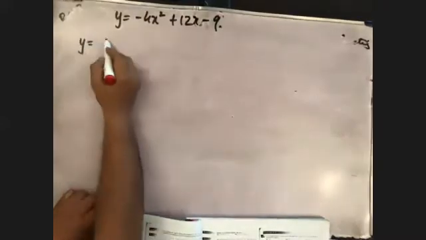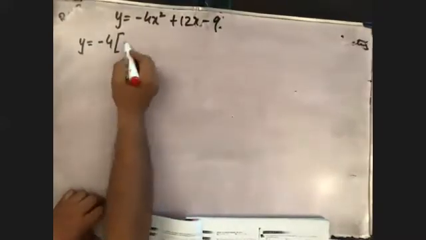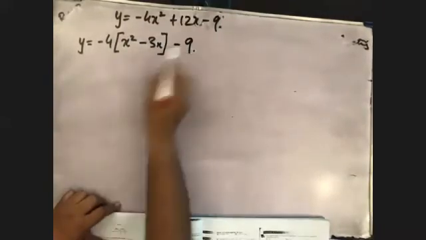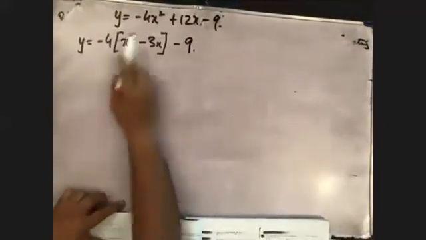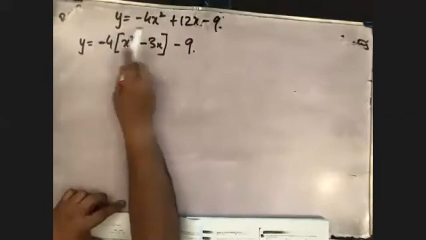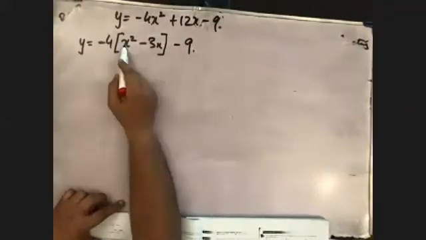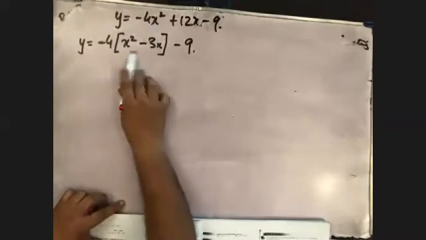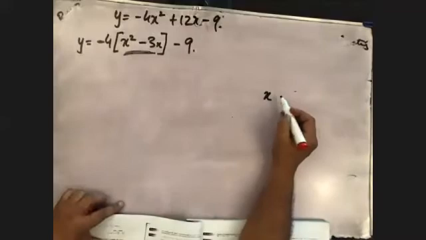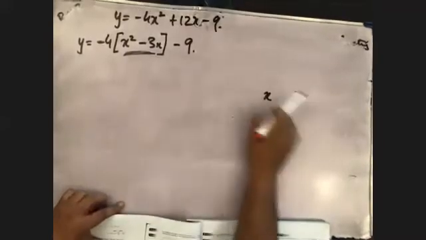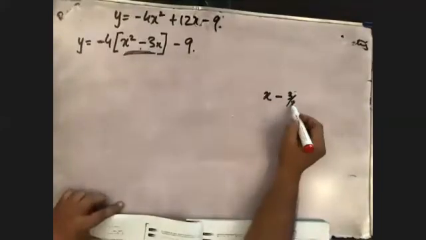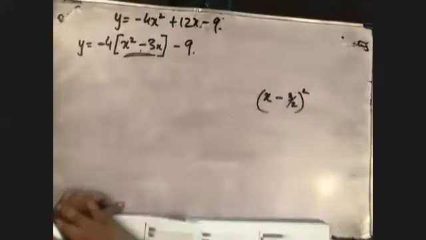I take minus 4 common: x squared minus 3x plus 9 over 4. I took 4 common from here and 4 common from here. I got this minus 4, okay? This guy has to be without anything. I need to replace these. Instead of x squared, I write down x. Instead of minus, I write down minus. Instead of 3, I write down half of that, that's 3 over 2, whole thing squared.